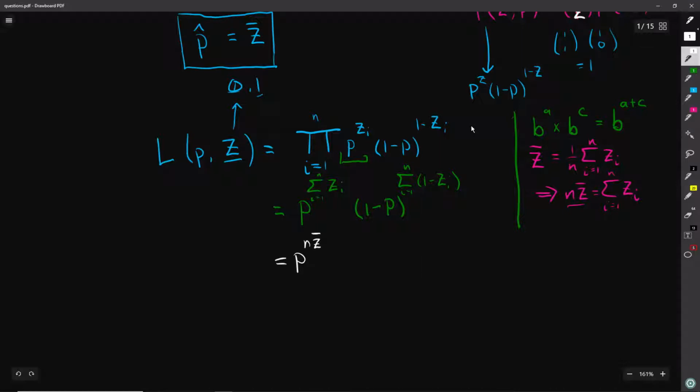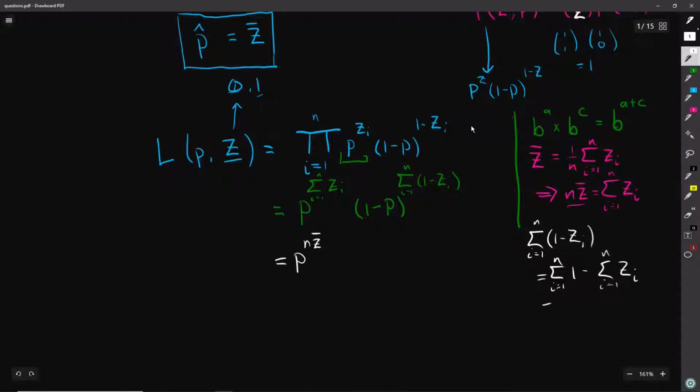And then this second one is going to be similar, right? But so we can write the summation from i equals 1 to n of 1 minus z_i. We can divide this up into the summation from i equals 1 to n of 1 minus the summation from i equals 1 to n of z_i.